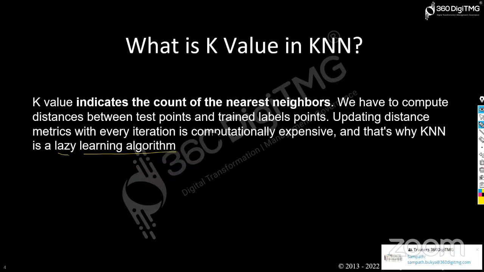K value, as we know, indicates the count of your nearest neighbors. In KNN, finding your K value is not easy. A small value of K means that noise will have a higher influence on the result.